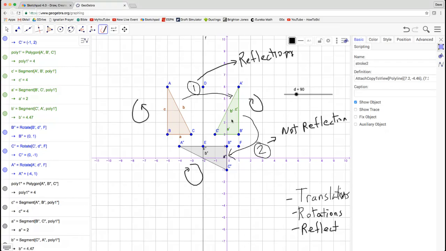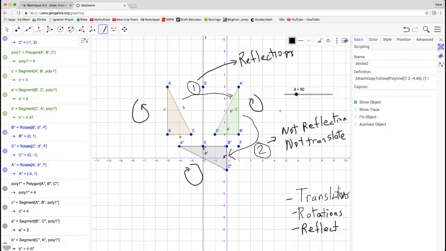And it's not a translation because A is on the top in the green case, but not in the blackish, brownish, grayish place. So it's not translated. So it must be a rotation.